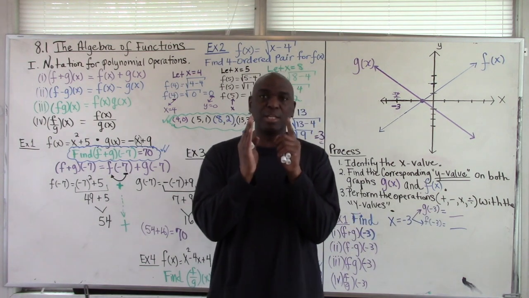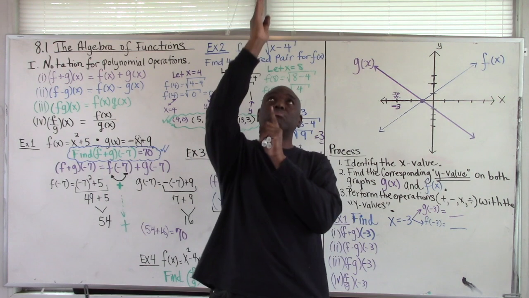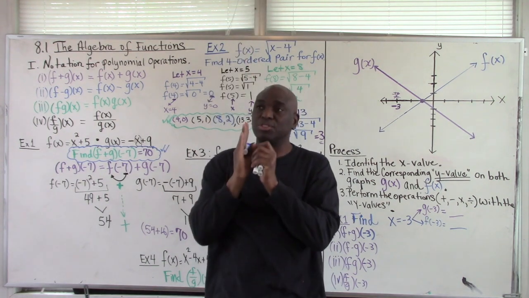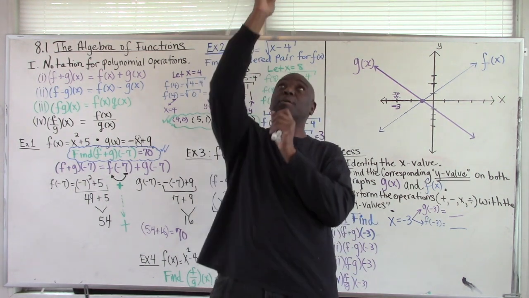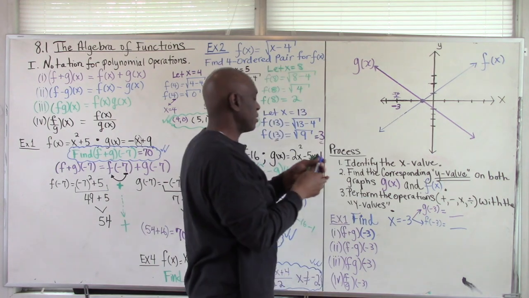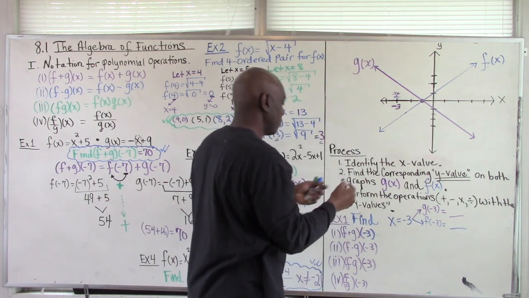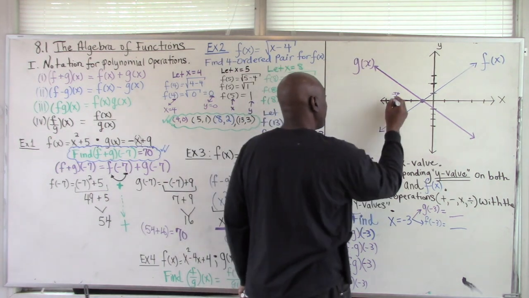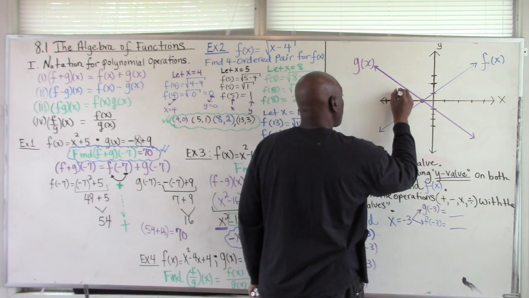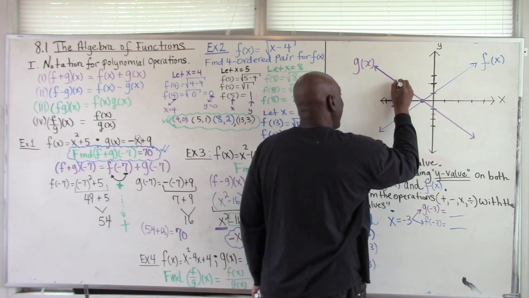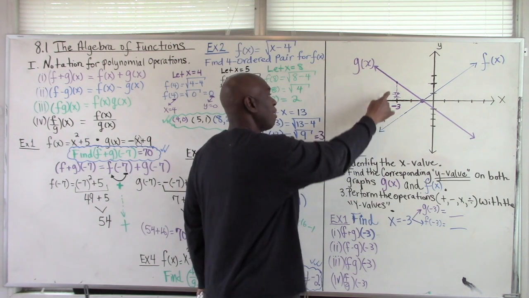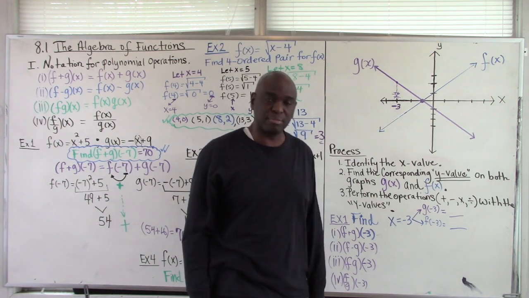From where you're standing, just jump straight up. Look, see that? Jump straight up to the purple graph. Jump. All right? So you jump. Bing! See that? You jump straight up. You hit the purple graph.